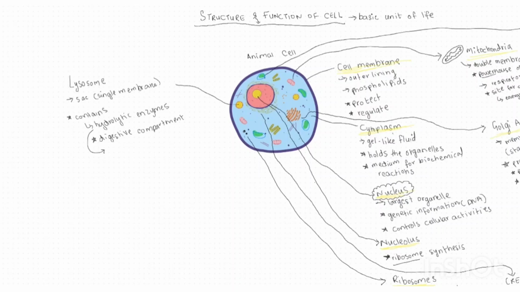It has digestive compartments because it contains the hydrolytic enzymes, because the function is to break down any waste products in the cell. So unwanted products in the cell, unwanted structures.